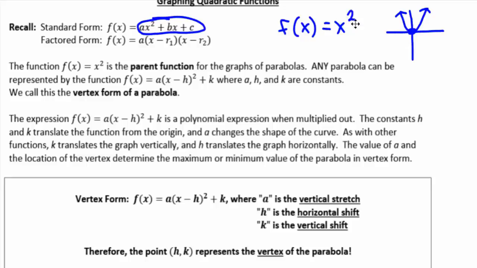Well, that is what we're going to be doing, but I do want to call your attention that you have a number times x squared plus a number times x plus c. All this stuff here moves the parabola. It does stuff to the parabola. So what happens to that parent function? That parent function is just our basic parabola.